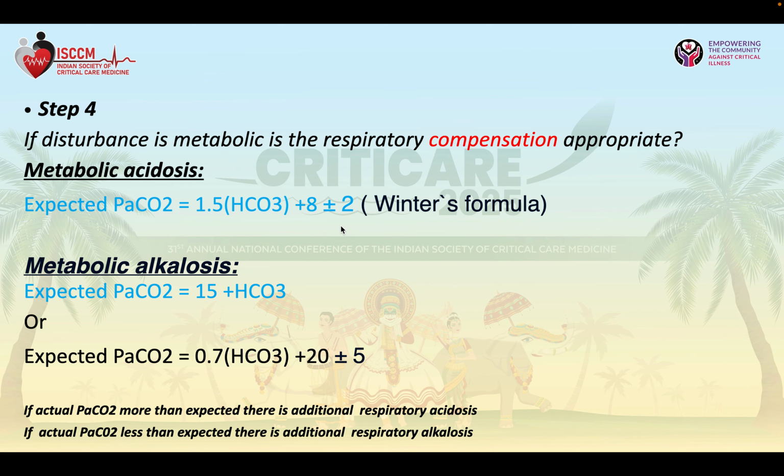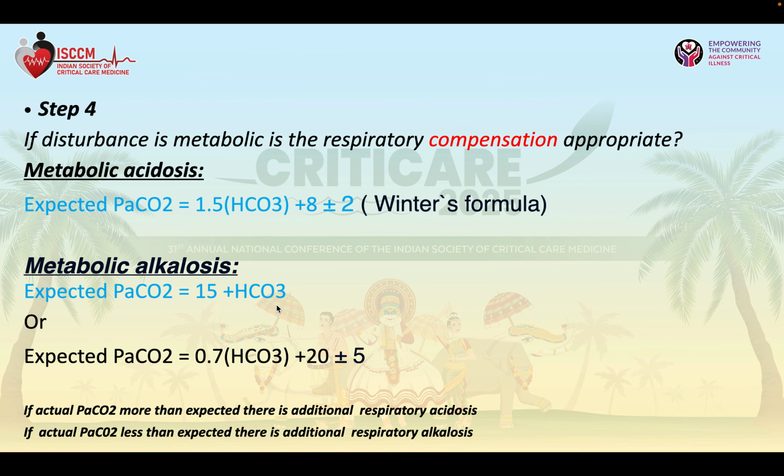This is a very standard and very famous formula which you should not forget. For metabolic alkalosis, the expected PCO2 will be, in an easy way to remember, 15 plus bicarbs. That's it. It's very easy to remember.